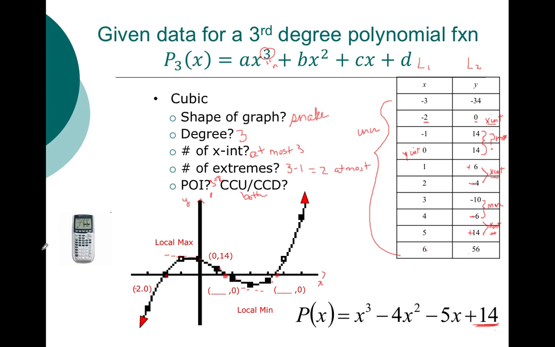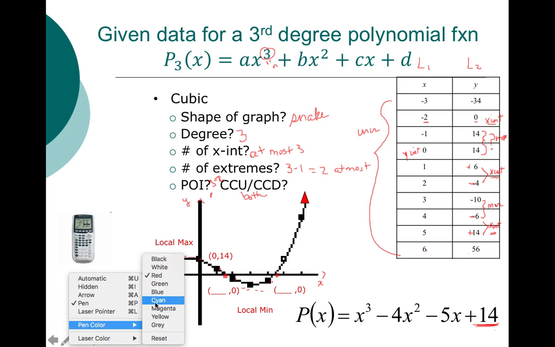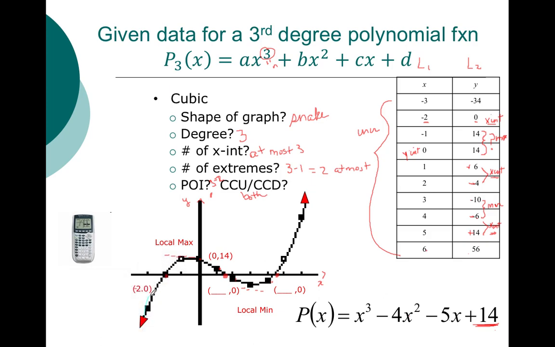Can you see where the function changes from concave down? This is no soup for you. No soup for you. No soup for you.